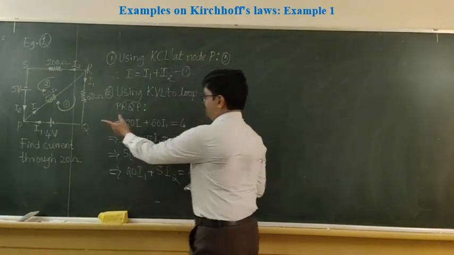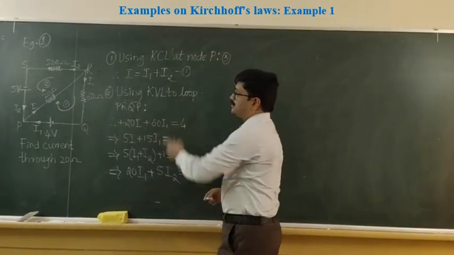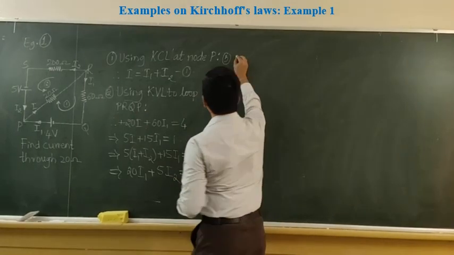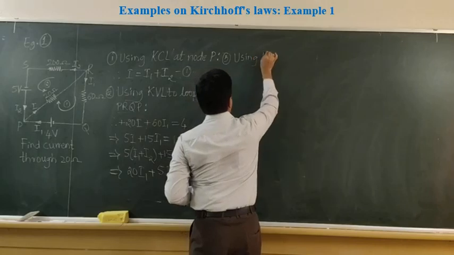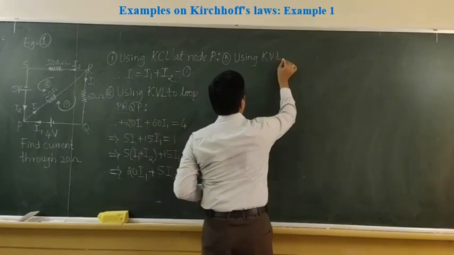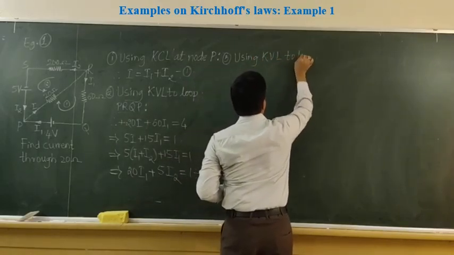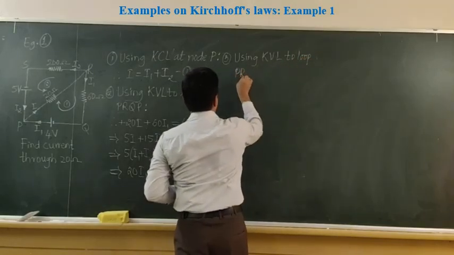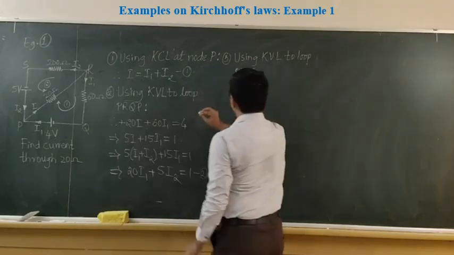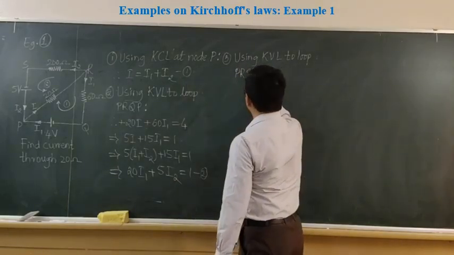And again, what is the path that we have in the beginning? So I will mention this as using KVL to loop PRST. I will be using the PRST loop.